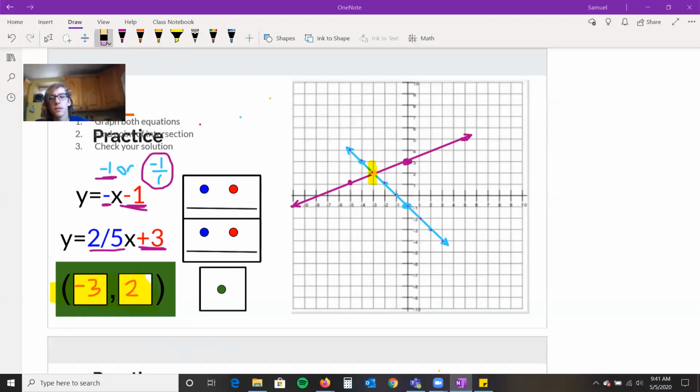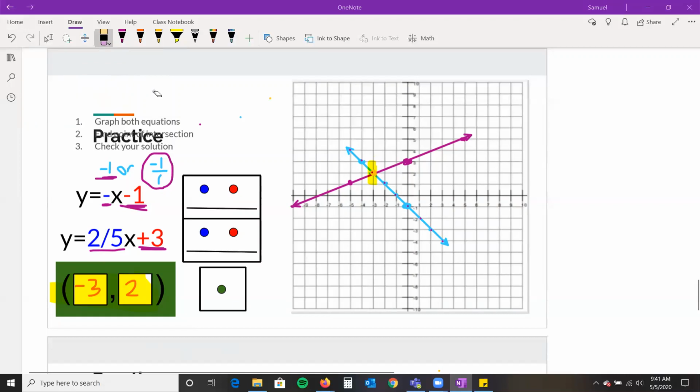Maybe you guys are finishing up your problem, but first I want you to go ahead and answer that question, okay? How do you check if your solution is correct on these types of problems that we've been doing? What did we do on that last one?